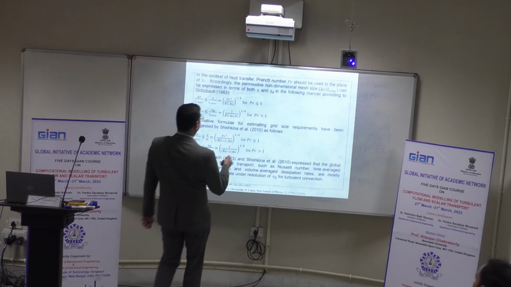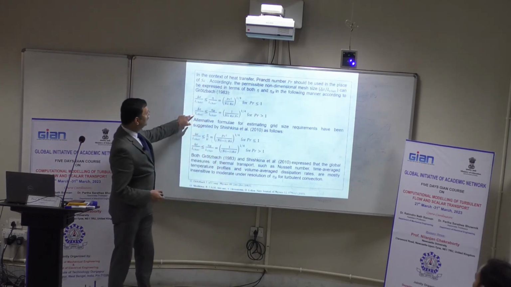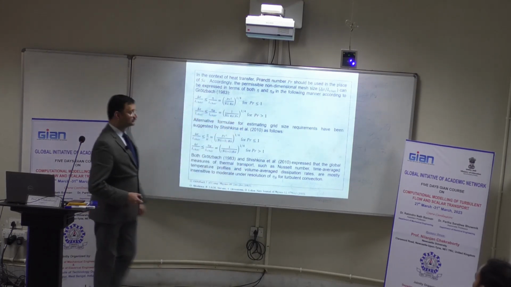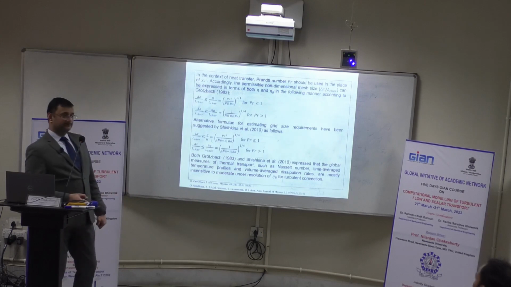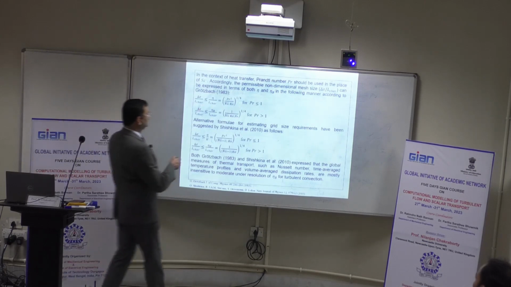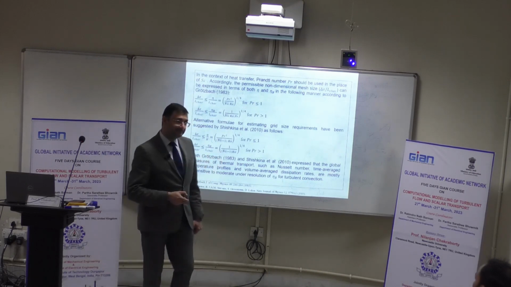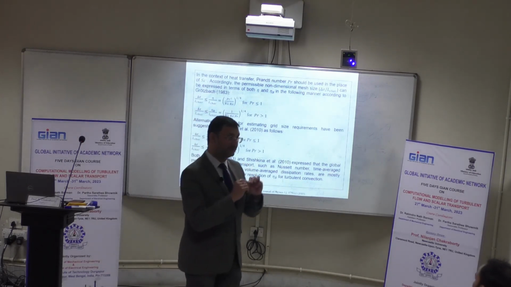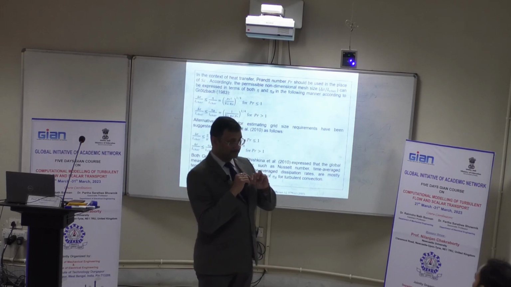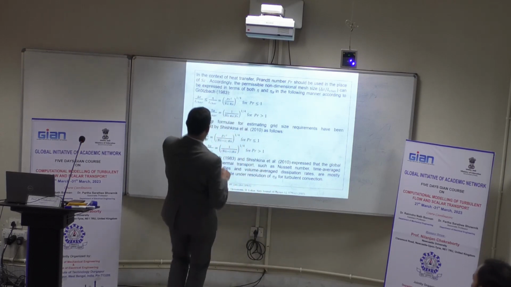When Prandtl number is greater than 1, then I will do this. Okay? As long as my delta x is smaller than this, so I am not going to consider in terms of the Batchelor length scale.